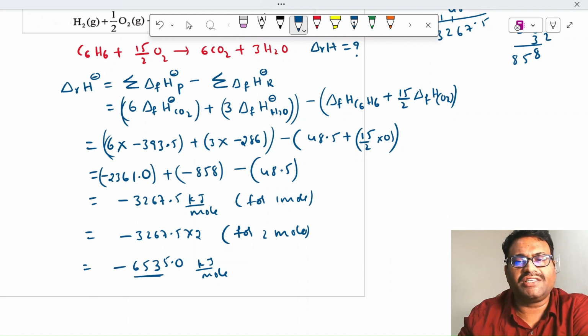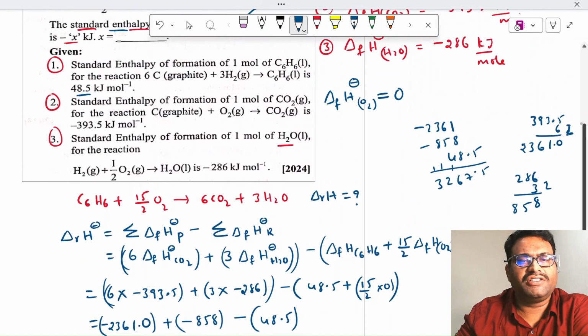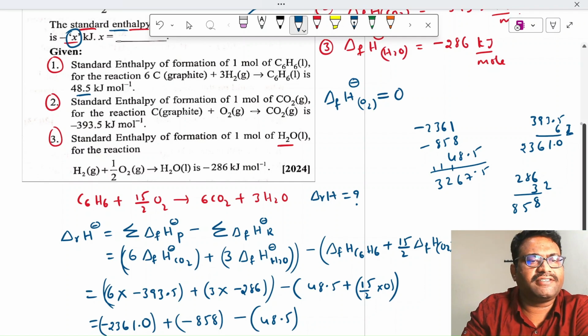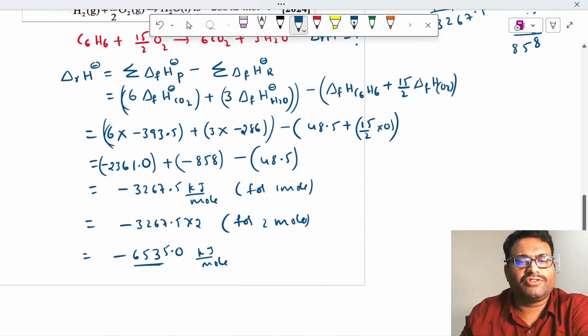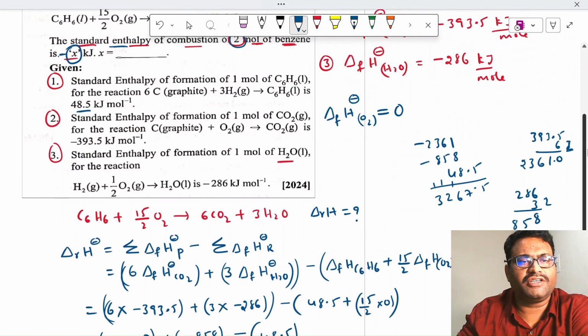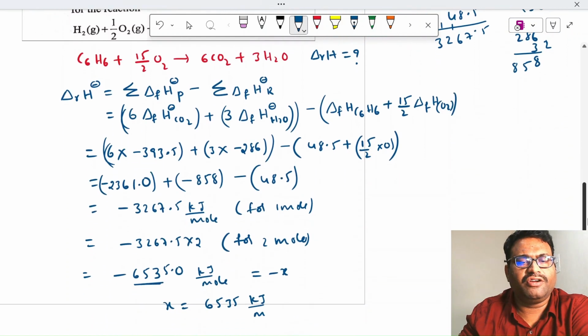It is asked in the form of minus x, so x is 6535 kilojoules.